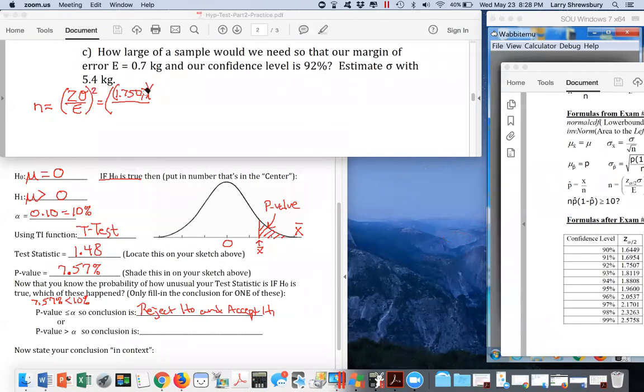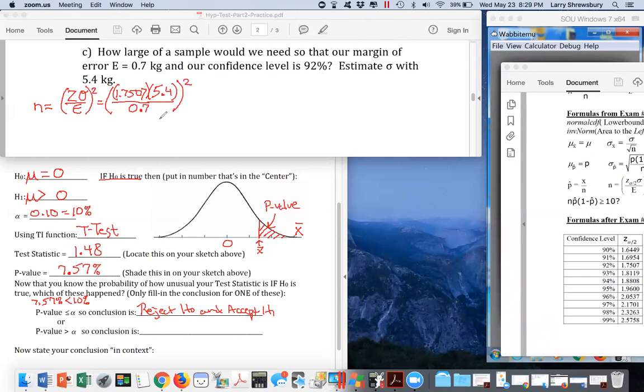So we are kind of fudging there a little bit, but that's all we got to work with, so that's what we're doing. But if you were to complain about that, I couldn't hold that against you. I'd say that is a valid complaint. And all over the margin of error E, which is the 0.7 kilograms.